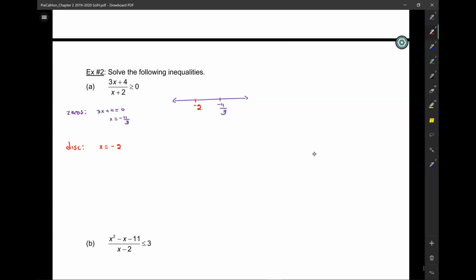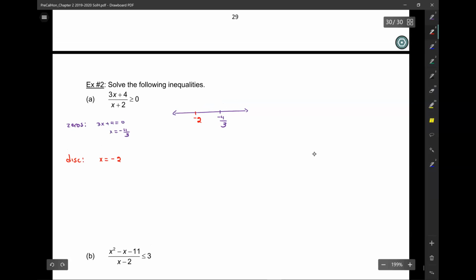Now, I'm going to plug my test points into this. So now, let's do a 0. In the numerator, I get 0 plus 4. In the denominator, I get 0 plus 2. I don't care what the values are.